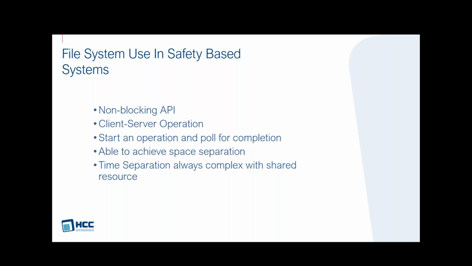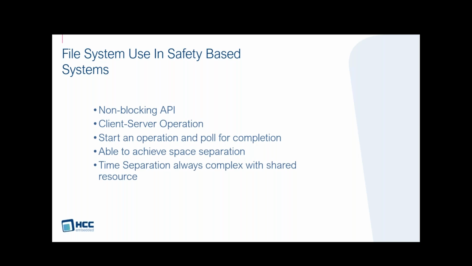We have a client-server operation where each partition or task has a separate client implementation that makes requests of the server that then does the file system operation. For each operation you do, you have to poll for completion, but that means that partition can carry on running.